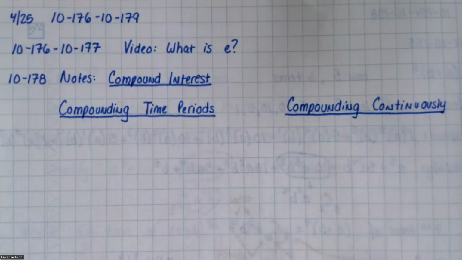Compound interest. You learn about it in Math 1 in a simple way with y equals a b to the x. It's very simple, which is great because we've done a lot of non-simple things lately.